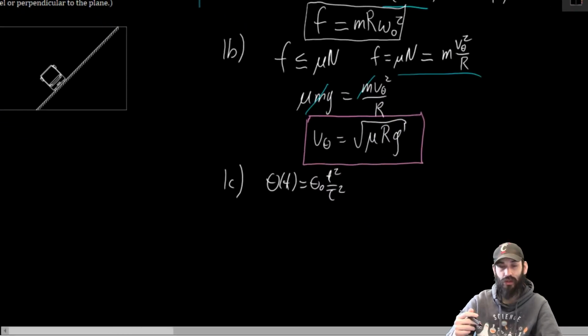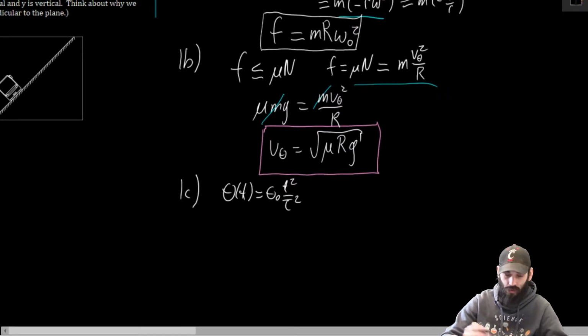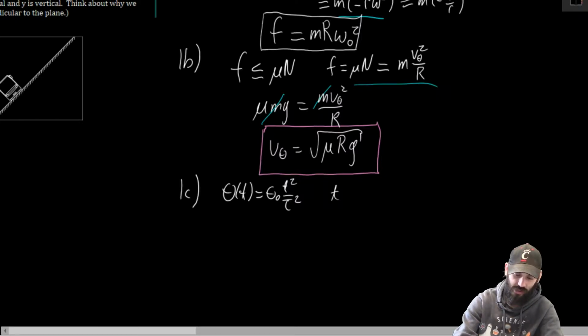So we want to find the time that it takes for this to lose contact with the table. And so there's a very specific time that we're interested in. We'll call this time t star. Okay? So there's a special time t star.